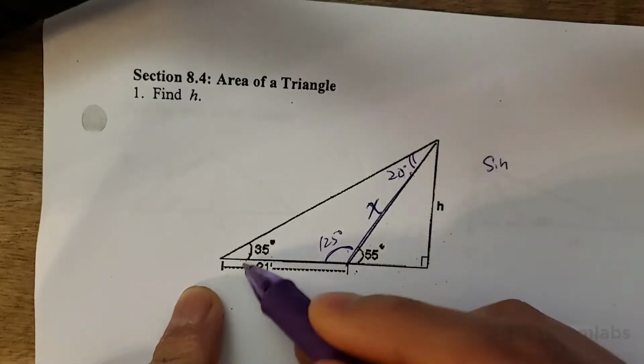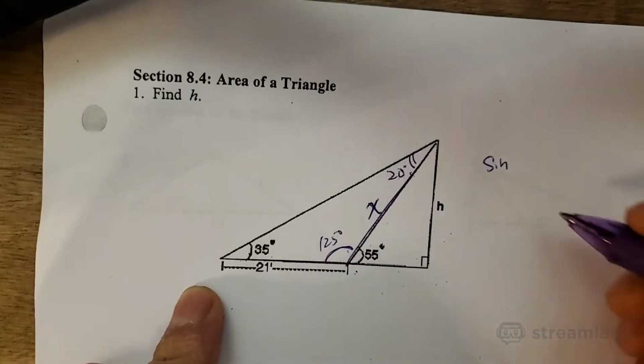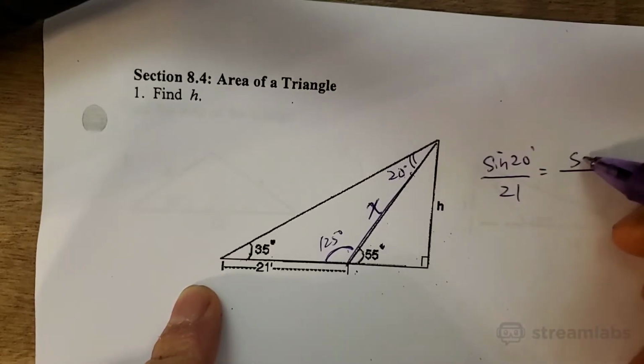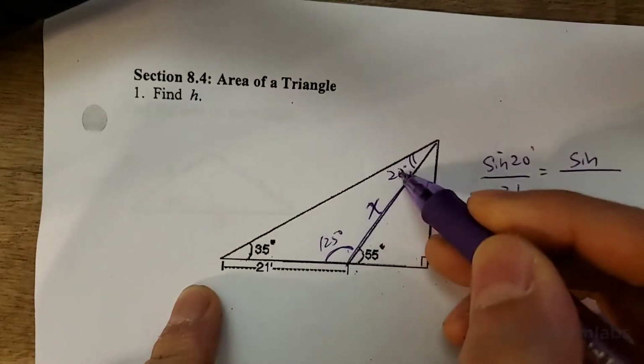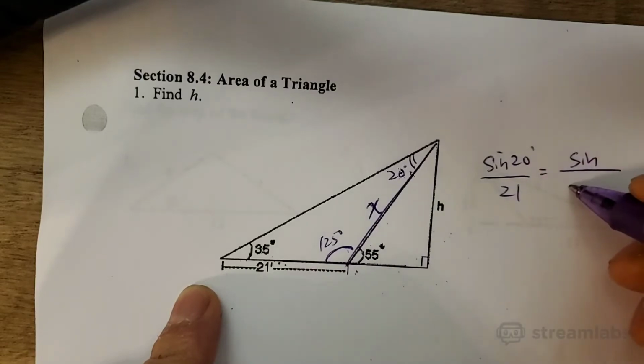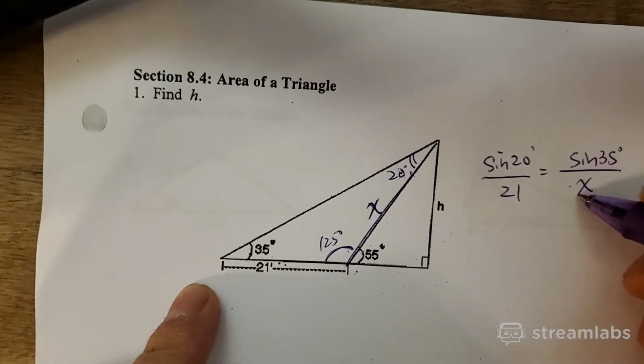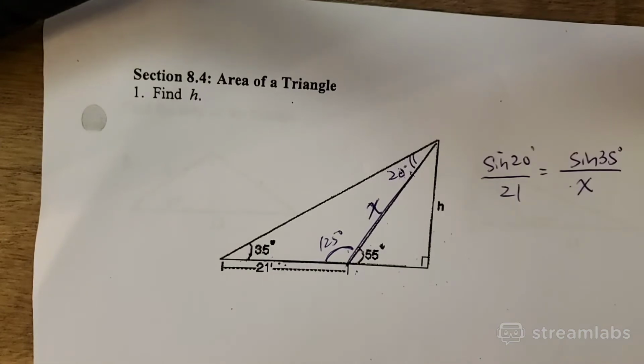So now with law of sines, I can set this up: sine 20 degrees over 21 is equal to sine 35 over x. Then you find x. What would x be in this case?